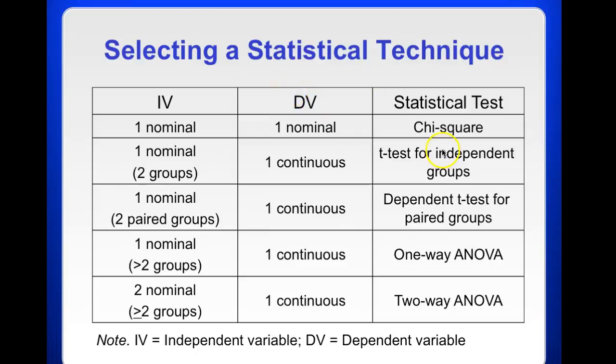So it then gives you which statistical test to use. And the rest of these slides go through an example of each one of those. So go ahead and take a look at those. Make sure that you're very aware of what situation requires what test.